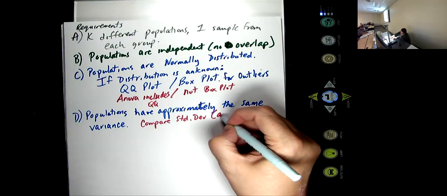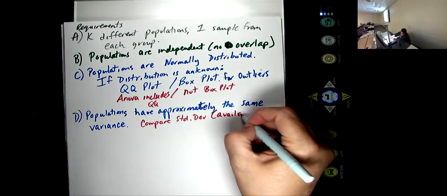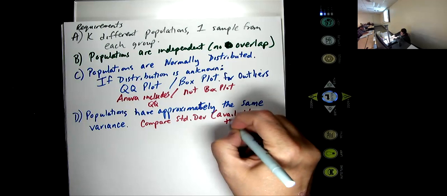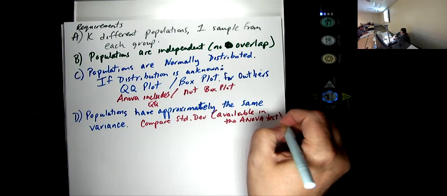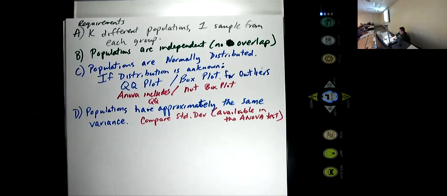And this is available in the ANOVA test. I don't think it's always been in there, because I used to have to go to stats, summary stats, columns and check it, but now I've seen them in there.